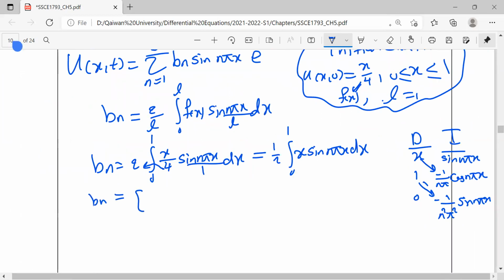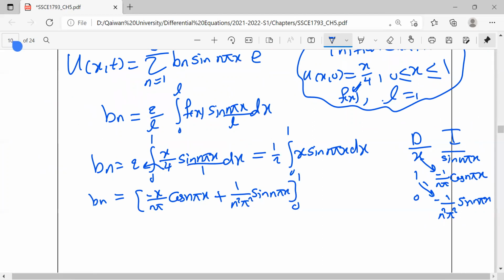Here Bn is minus x over n pi cosine n pi x. Here negative times negative is positive, sorry. Plus 1 over n squared pi squared sine n pi x, x from 0 to 1.